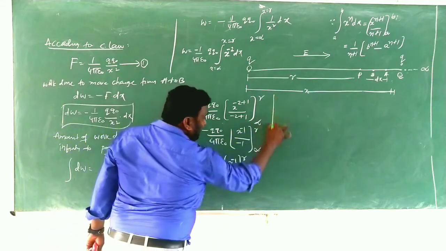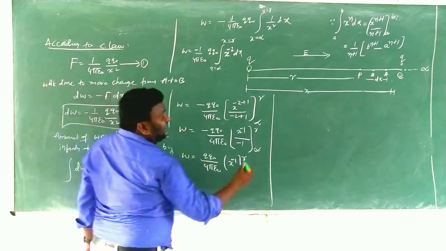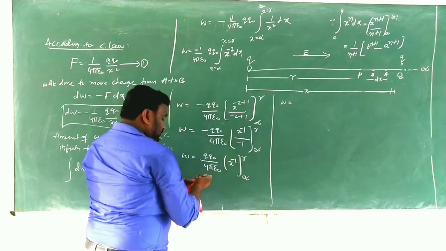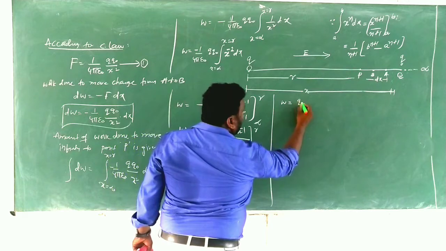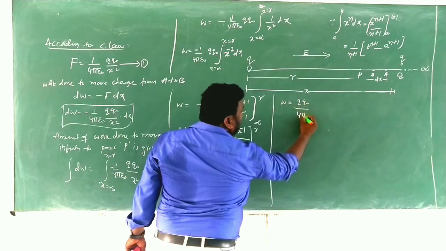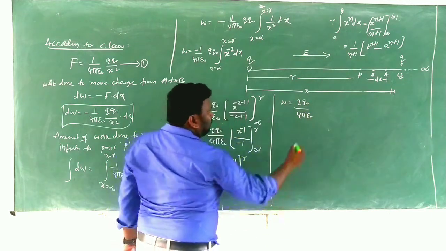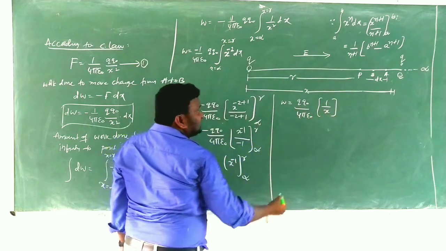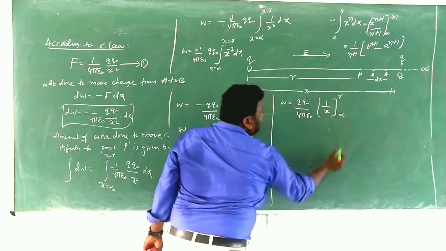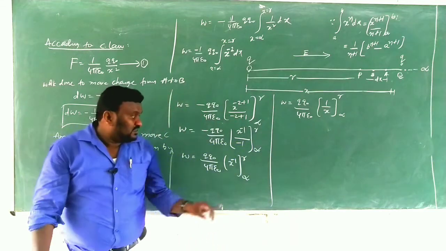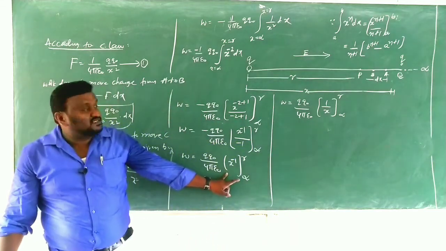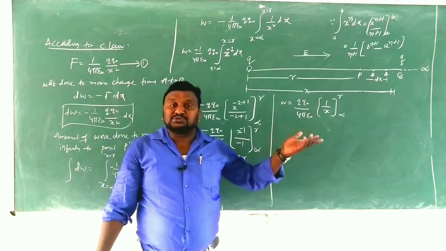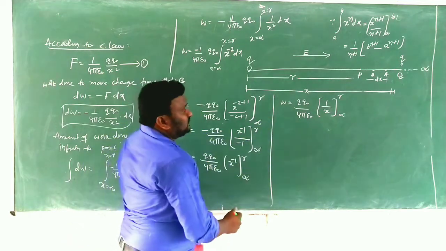Clear? So here x to the power of minus 1 is written as W is equal to q naught by 4 pi epsilon naught into 1 by x, limits r and infinity. That means x to the power of minus 1 can be written as 1 by x. After that you have to substitute the limits.